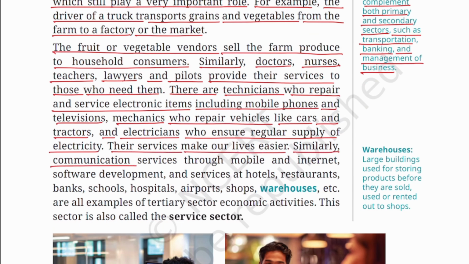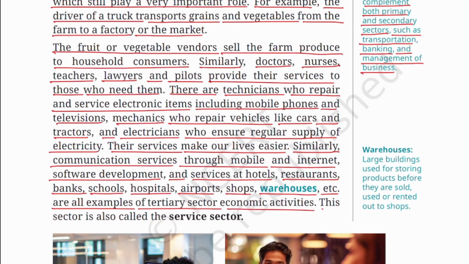Similarly, communication services through mobile and internet, software development, and services at hotels, restaurants, banks, schools, hospitals, airports, shops, warehouses, etc. are all examples of tertiary sector economic activities. This sector is also called the service sector.